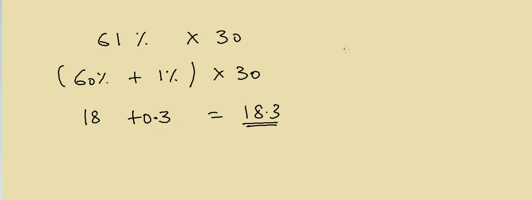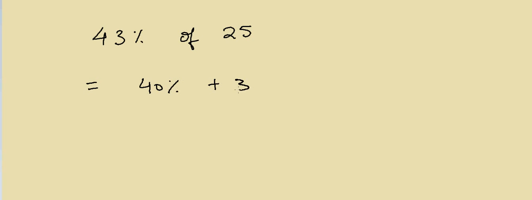Again, let me give you one more example. If I have 43% of, say, 25, then how will I calculate that? In that case, I can say 40% plus 3% of 25.